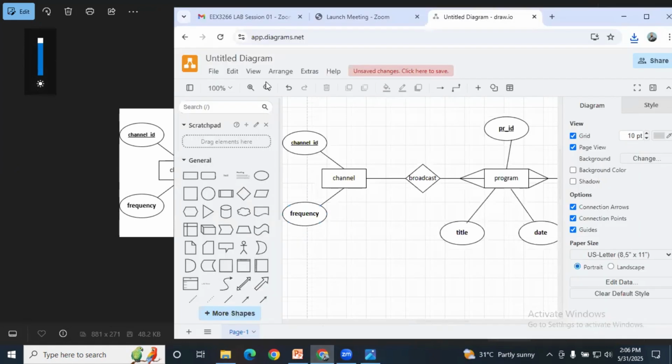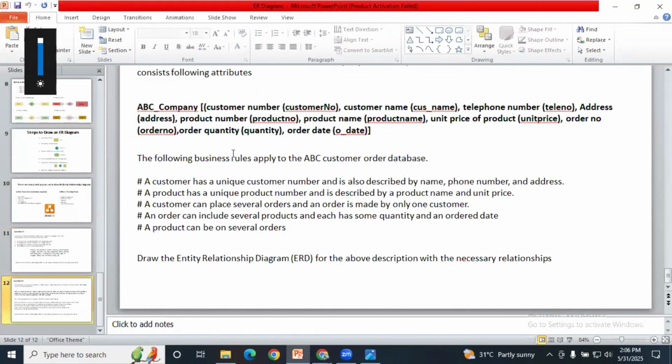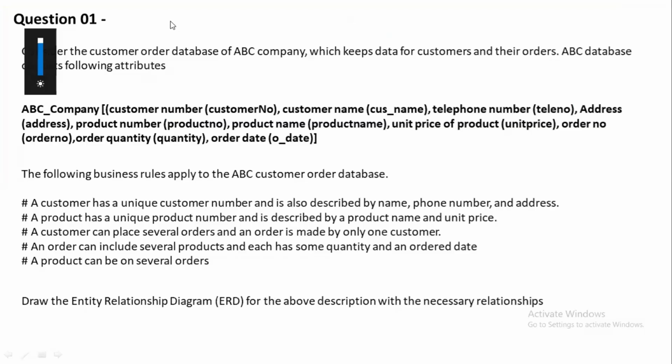So can we try another example? Okay, I will give some activity. This is the question. Consider the customer order database of ABC company, which keeps the data for customers and their orders.